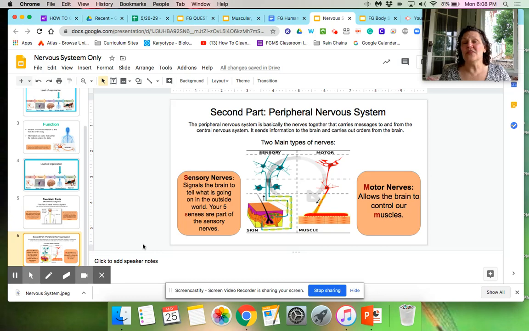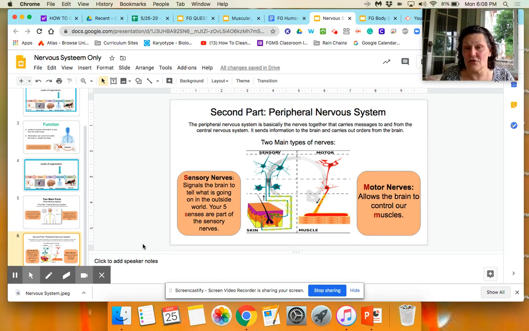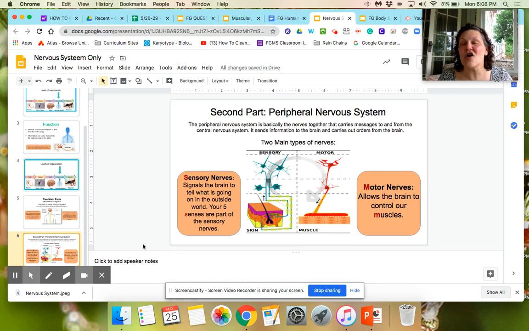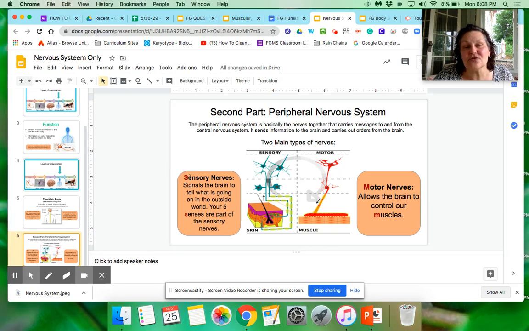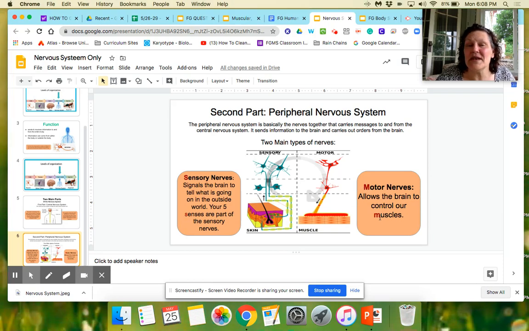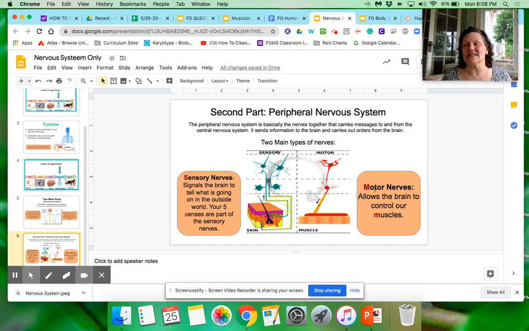Okay, and so in the peripheral nervous system, you have two kinds of nerves. The first one is considered sensory nerves. Sensory nerves are connected to your senses, literally connected to your five senses. I like to tell my kids that you think of sensory nerves as being part of your senses. And then motor nerves are part of your muscle, M and S and S. So motor nerves control your muscles.